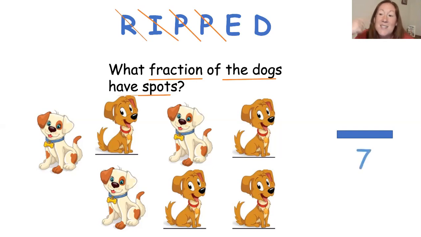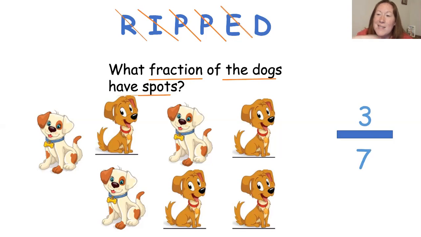And I'm asked to find how many of the total number have spots. Well, if I look for my little spotted friends, I'm looking at the brown and white ones with the blue eyes. So I'm looking at 1, 2, and 3. So I would have my 3 in my numerator, or on top. So I have now executed it.